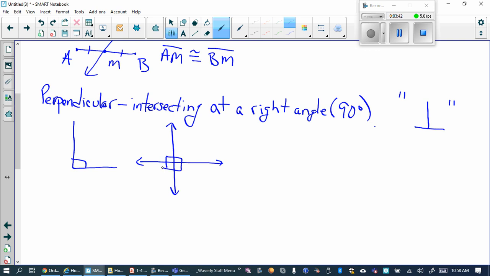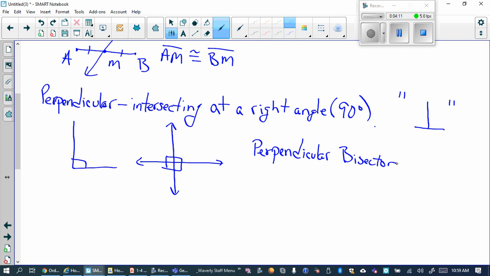Okay. Well, now you know what a bisector is. You know what a perpendicular line is. What about a perpendicular bisector? Notice that this bisector I drew wasn't perpendicular. I did that deliberately, right? Because now we can talk about a perpendicular bisector.